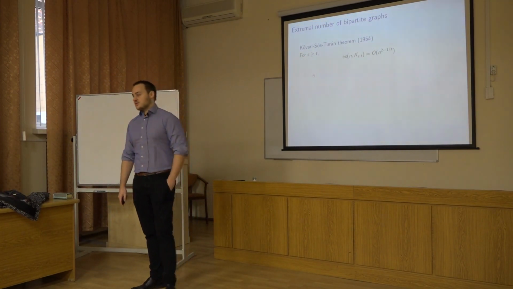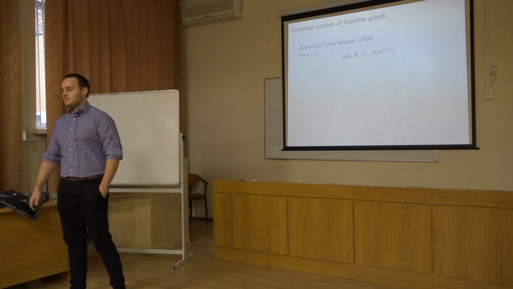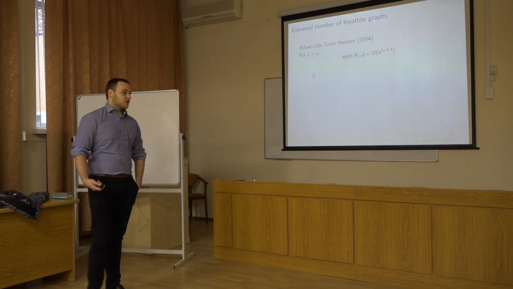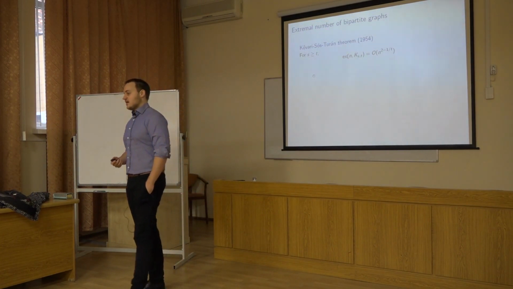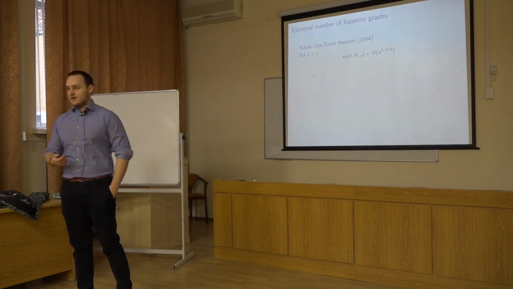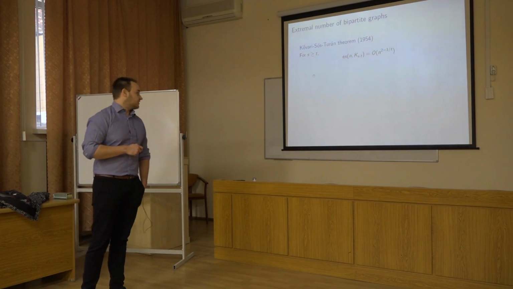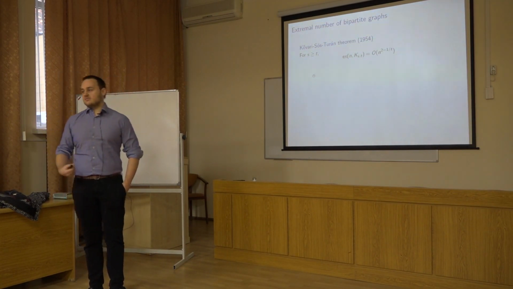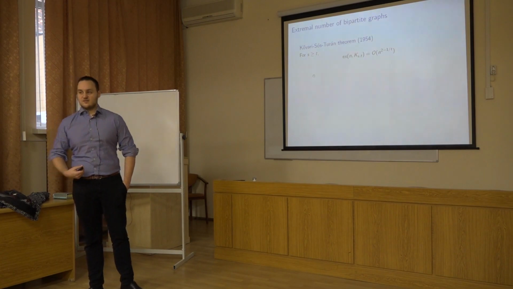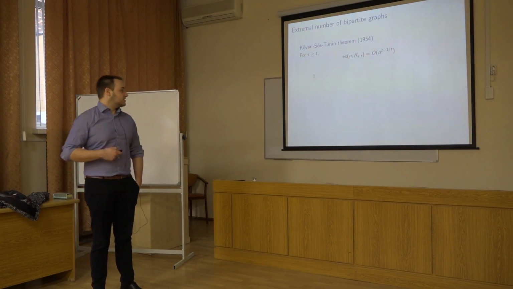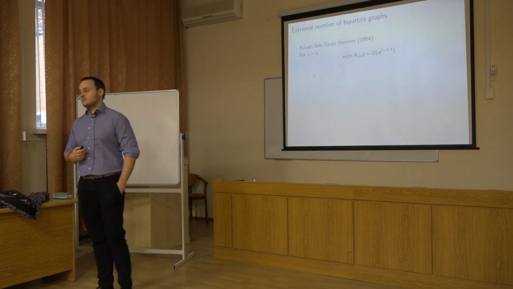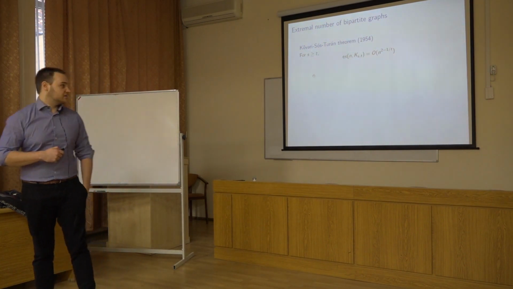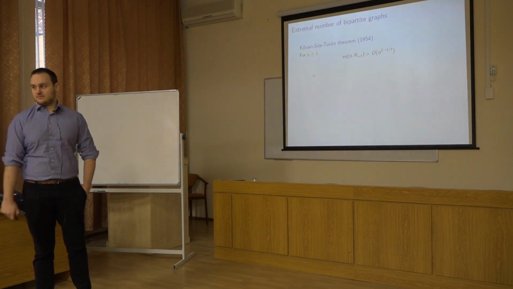One of the first results about the extremal number of bipartite graphs is the celebrated Kővári-Sós-Turán theorem, which tells us that if the bipartite graph is the complete bipartite graph K_{s,t}, with vertex classes of size s and t, then the extremal number is at most some constant times n^{2 - 1/t}, where t is the size of the smaller part.